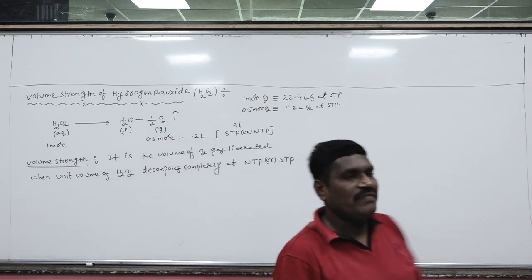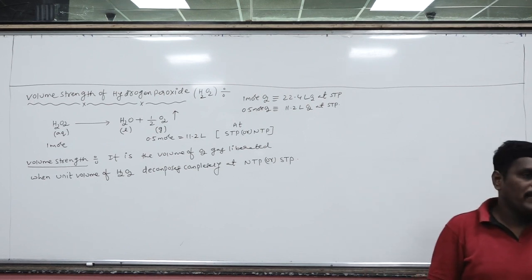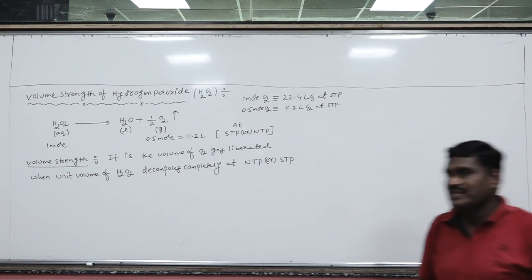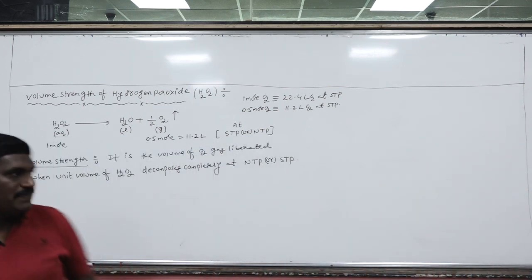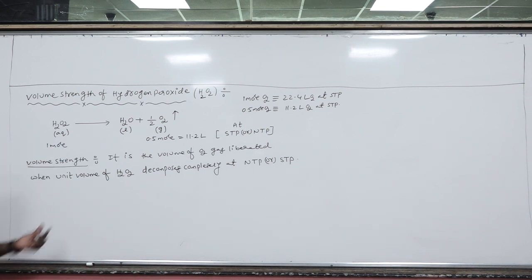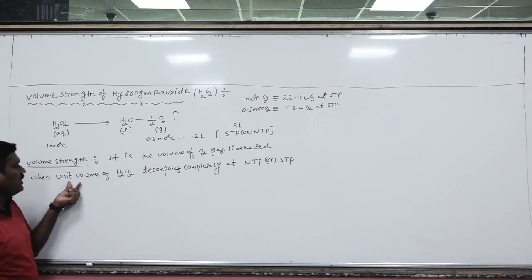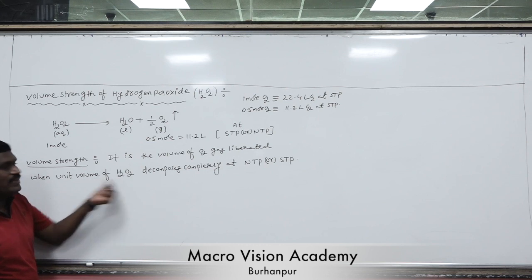It is the volume of oxygen liberated at STP by the decomposition of a unit volume of H2O2, by the decomposition of a unit volume of hydrogen peroxide at STP or NTP. Now, what is the volume of hydrogen peroxide we are taking? Unit volume. The unit volume may be 1 liter H2O2 or 1 milliliter of H2O2.